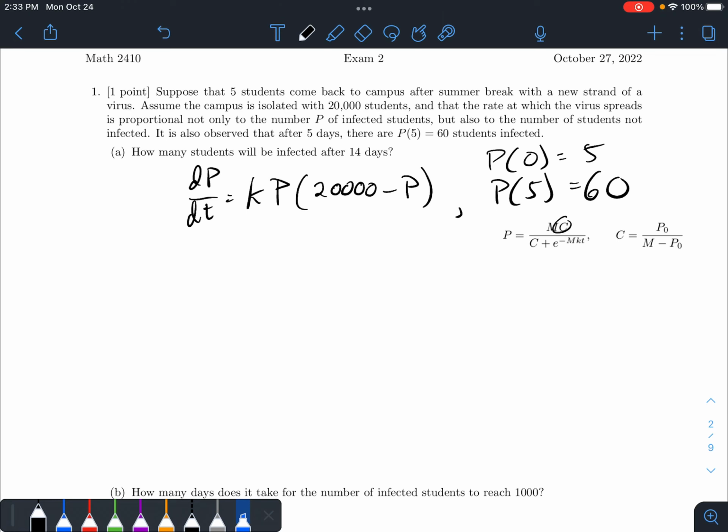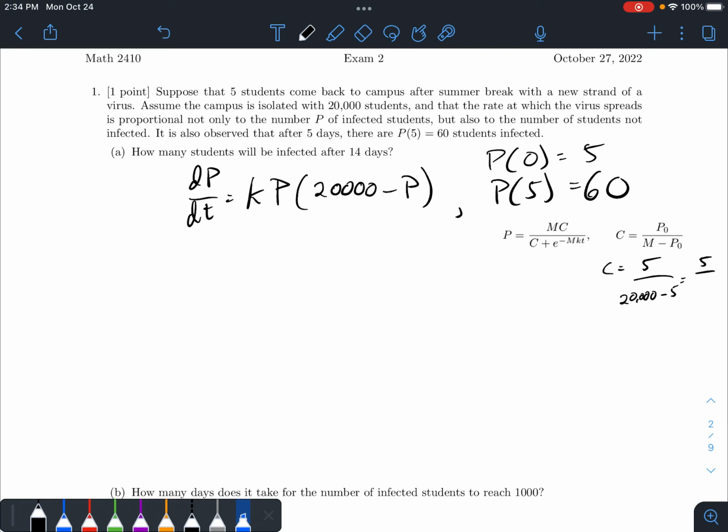Let's figure out what C is first because we're going to plug C into this anyway. So C is equal to our initial population, which is 5, divided by M minus our initial population. M is our carrying capacity, which is 20,000, because you can only infect up to 20,000 students on campus, minus 5.